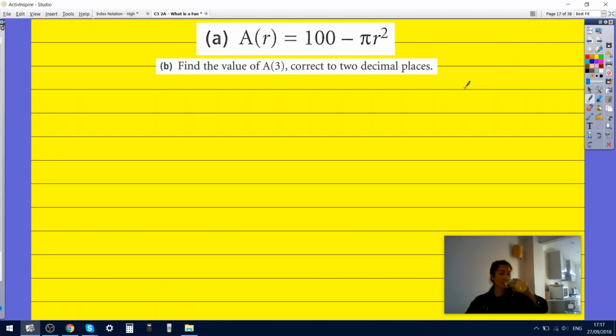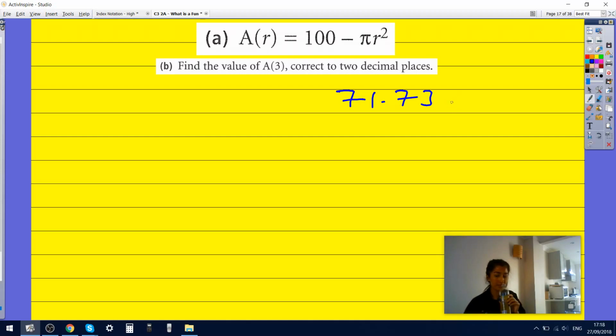And okay, what is this one? 71.73. Looks good.